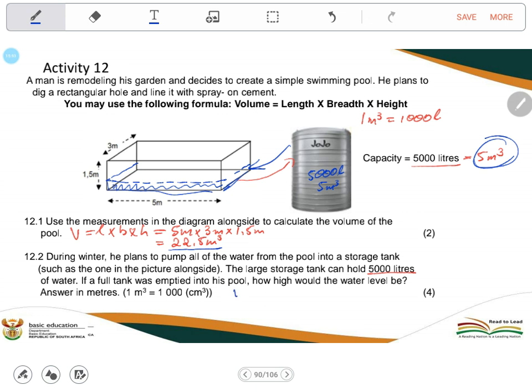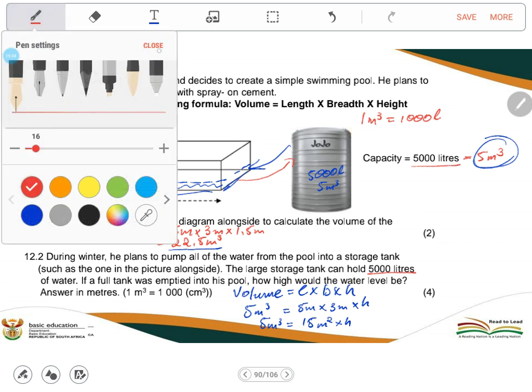So we say the volume is equals to length times breadth times height. Now in this case, we have 5 cubic meters. We know the volume. We also know the length, which will still remain as 5 meters. And we know the breadth, which will still be 3 meters. But we don't know how high the water will reach, so we'll leave it as h. So we have 5 cubic meters is equals to 5 times 3 gives us 15 meter times meter is meter squared multiplied by height.